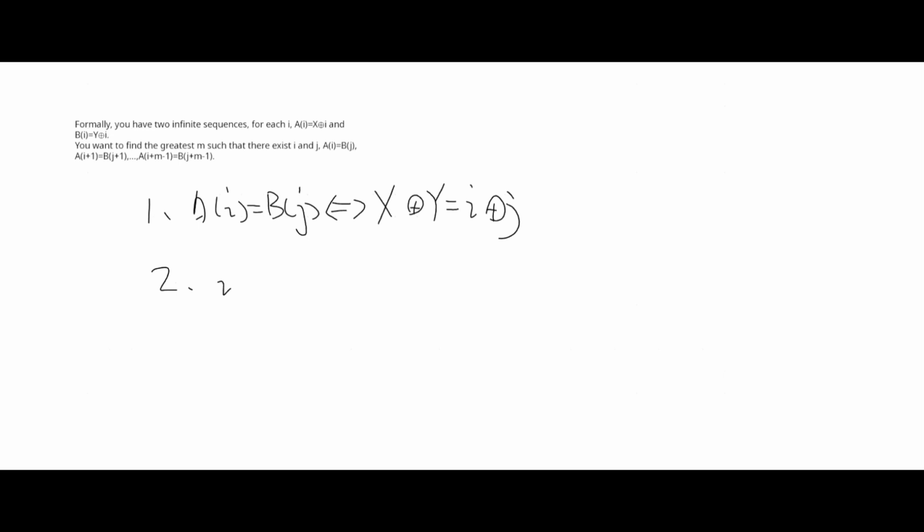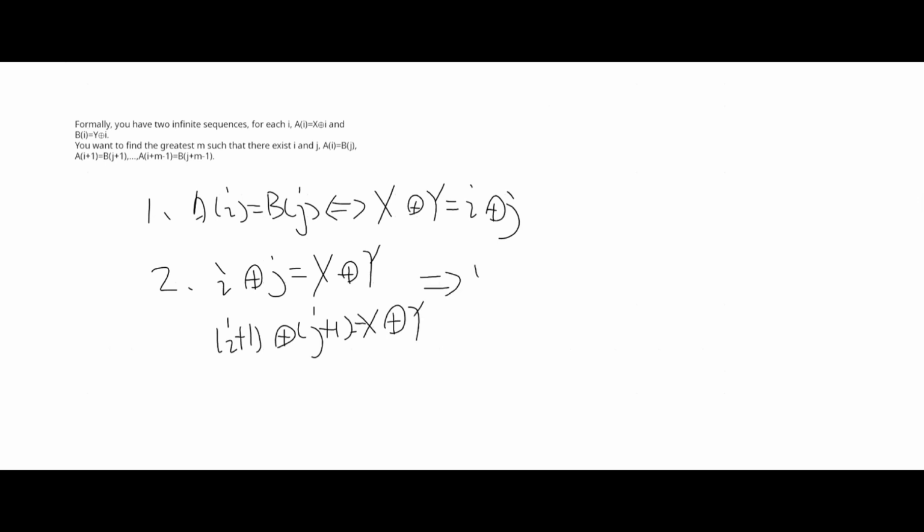I XOR J is equal to X XOR Y, and I plus 1 XOR J plus 1 is equal to X XOR Y. From these two conditions, we can get that I XOR I plus 1 is equal to J XOR J plus 1.